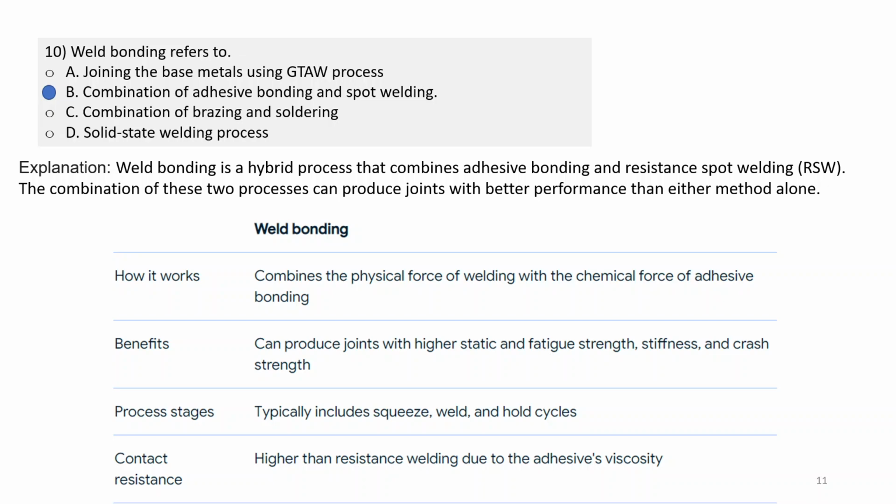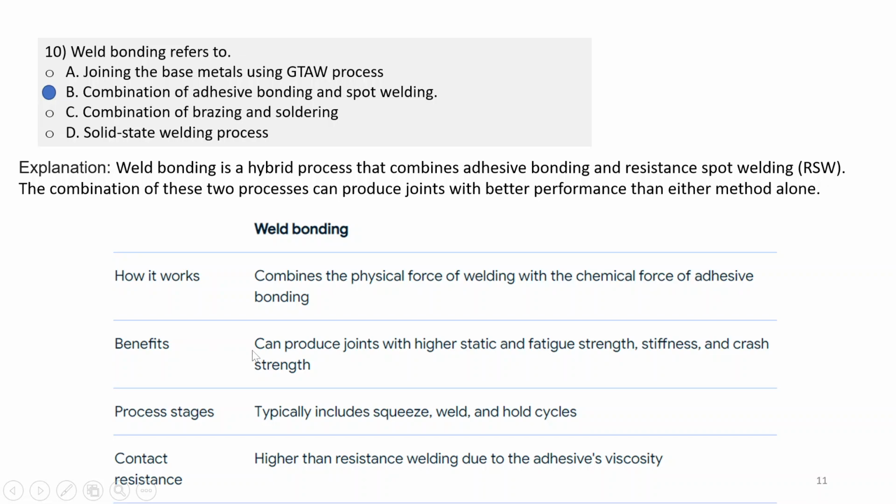Okay, so weld bonding is a hybrid process which combines both adhesive bonding and resistance spot welding. The combination of these processes can produce joints with better performance than either method alone. How does it work? It combines the physical force of welding with the chemical force of adhesive bonding.